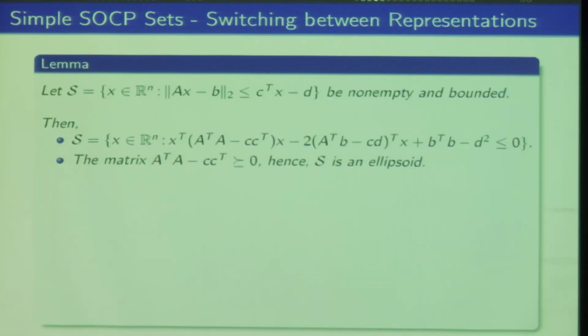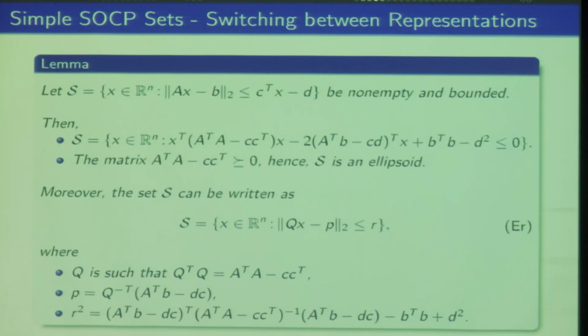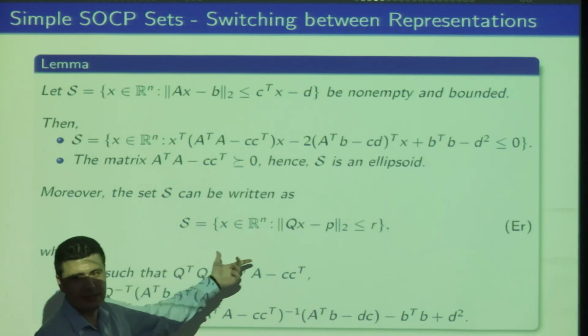Perhaps this is an obvious result. If you give me this set, and you tell me that it is non-empty and bounded, then actually it's an ellipsoid, and we can show that. In this case, you can drop the linear inequality, and you can write this set as a truly ellipsoid-looking set.